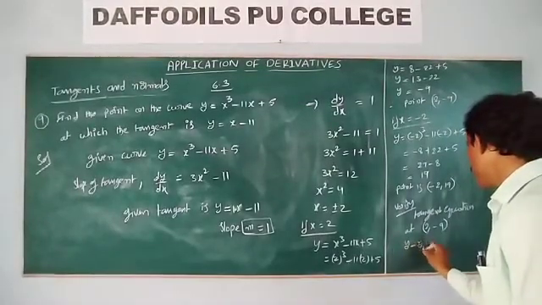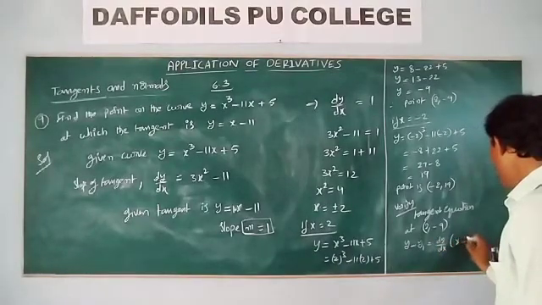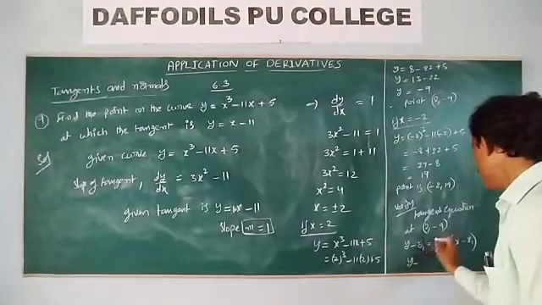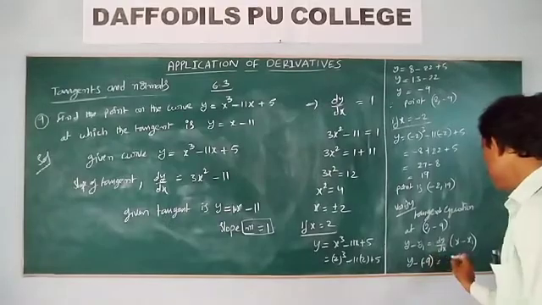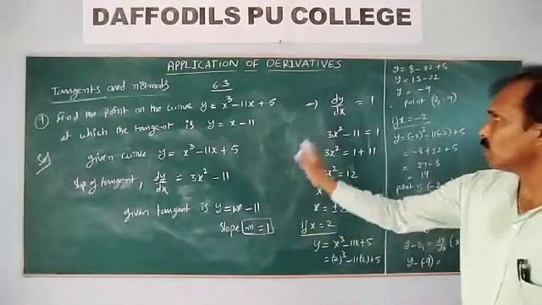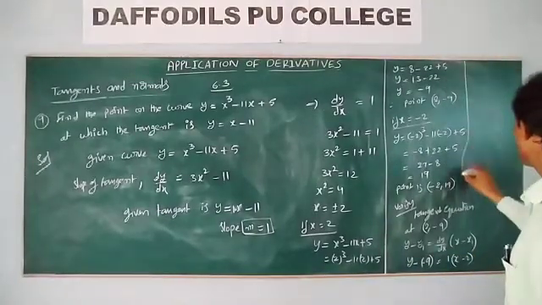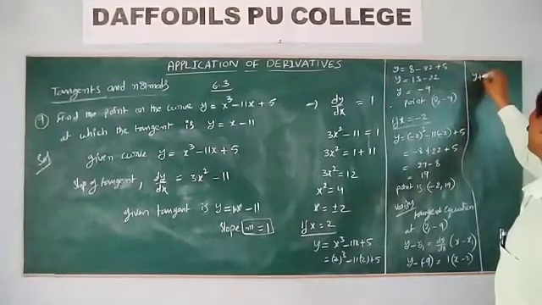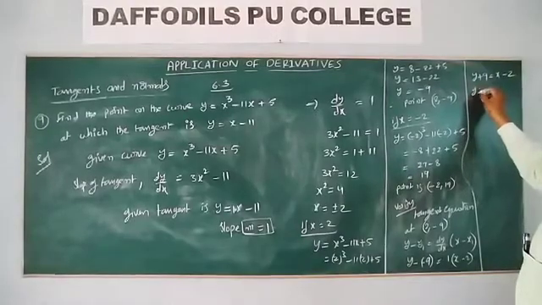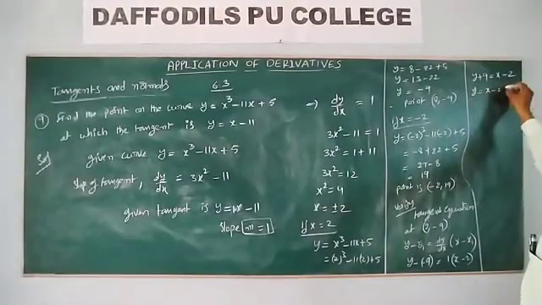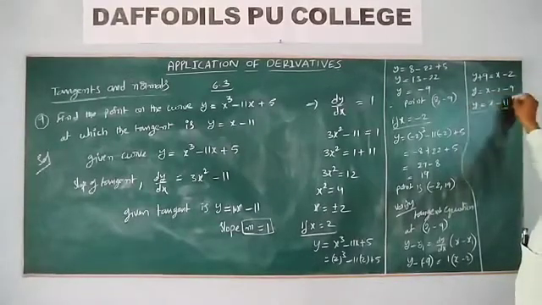The formula is y minus y1 is equal to dy by dx times x minus x1. y minus y1 is y plus 9, equal to dy by dx, whose value is 1, times x minus 2. Therefore y plus 9 is equal to x minus 2, so y is equal to x minus 11.